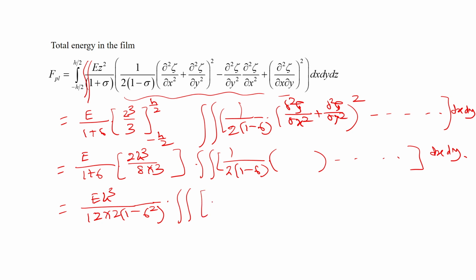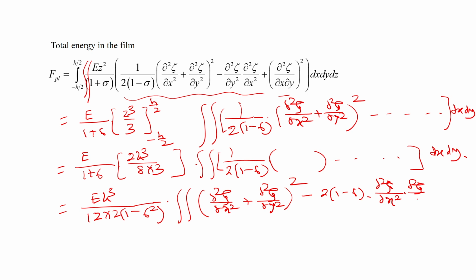And then this quantity will be del square zeta by del x square plus del square zeta by del y square, this is whole square, and then minus 2 into 1 minus sigma into, let us say, del square zeta by del x square into del square zeta by del y square, and then I write it like this, minus del square zeta by del x del y, squared, bracket close, and the whole thing is in dx dy.